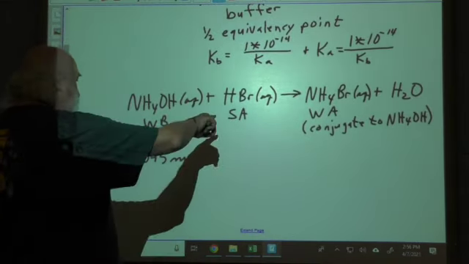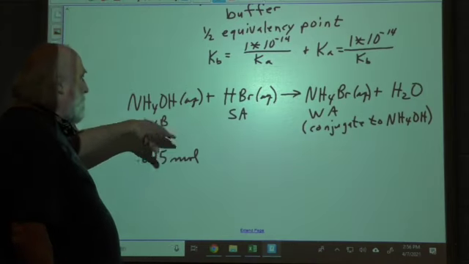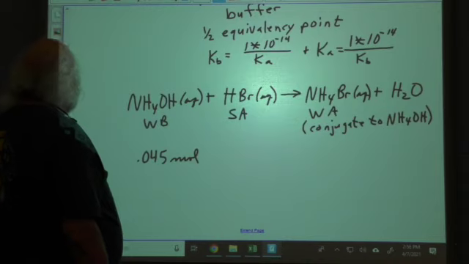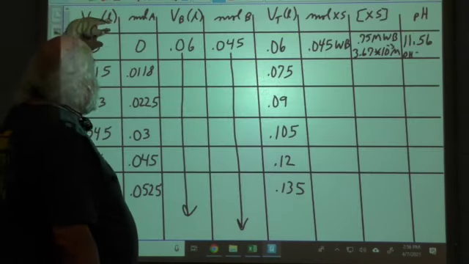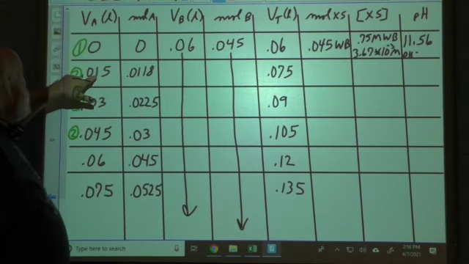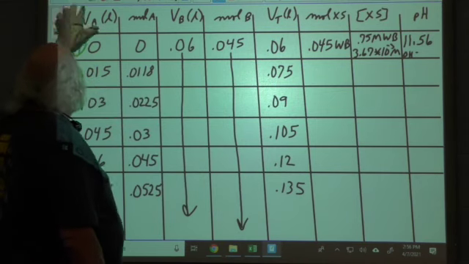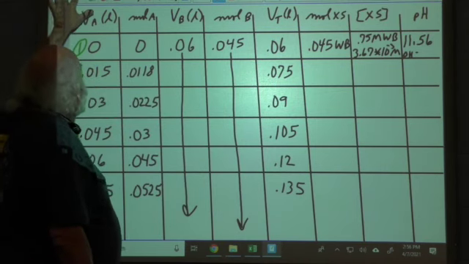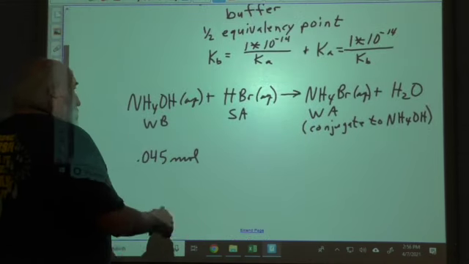So we get to this right here, we've got 0.045 moles of NH4OH, and the first one we have for the HBr here that's not 0 is 0.015 liters, which is 0.0118 moles of acid. So we're going to put 0.0118.